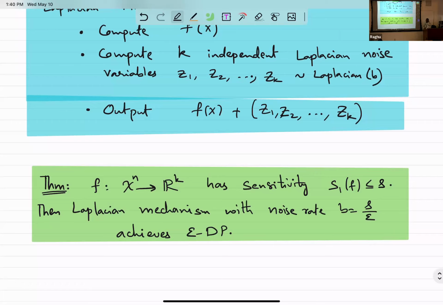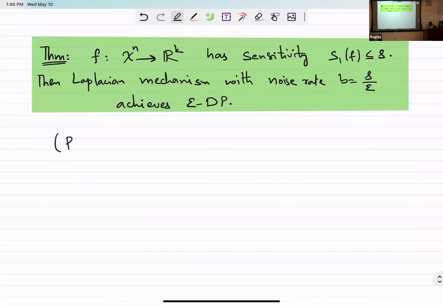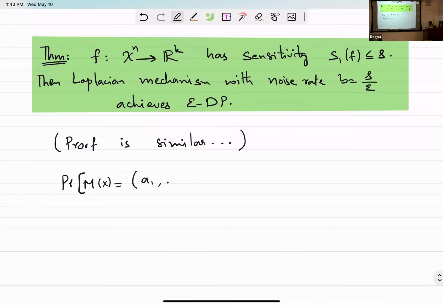And the proof is similar. You just have to write the probability that M of x equals a1 through ak. These are independent coordinates, so the probabilities multiply, and then everything works as it did before.